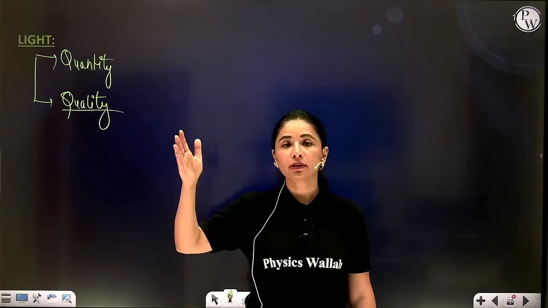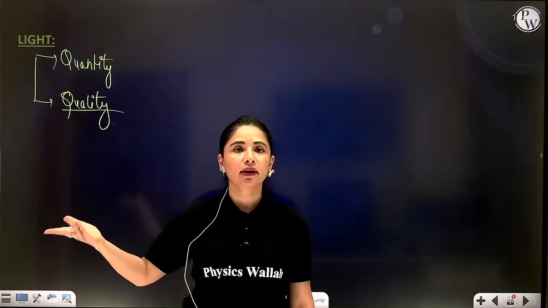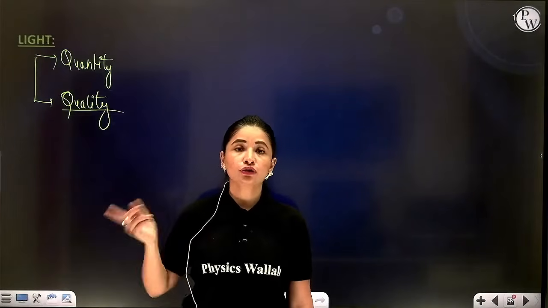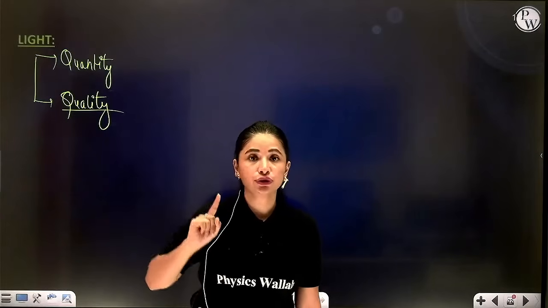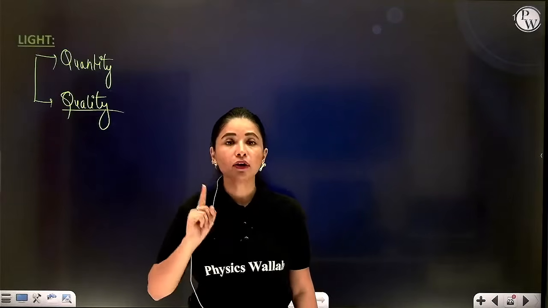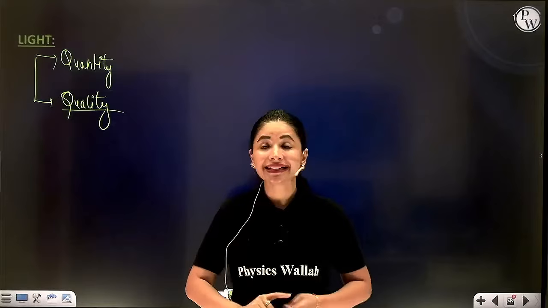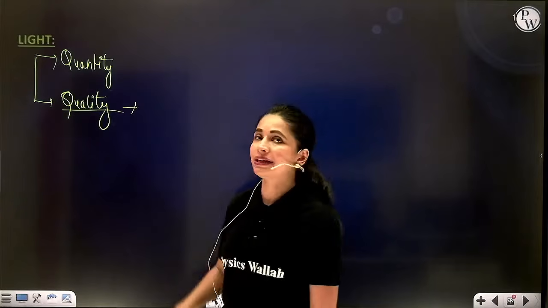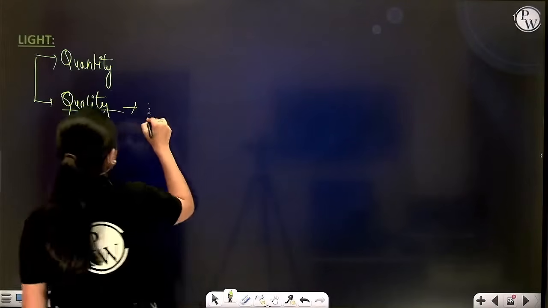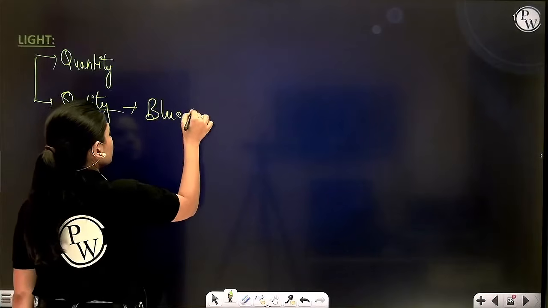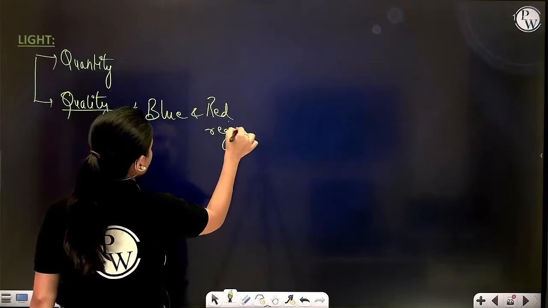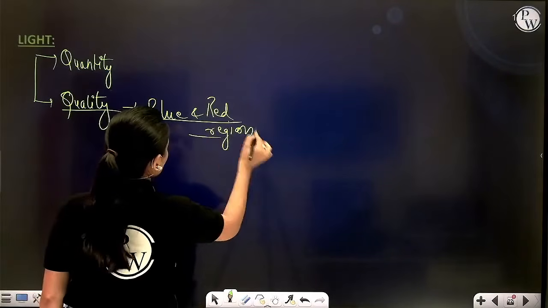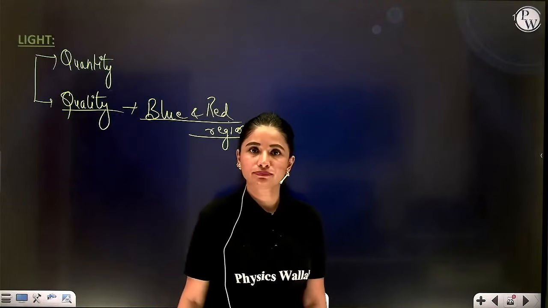You may give 100% of the light excluding blue and red, no photosynthesis. You only give them blue and red, maximum photosynthesis. So you can say that quality of light matters as plants only utilize the blue and red region of the visible spectrum.